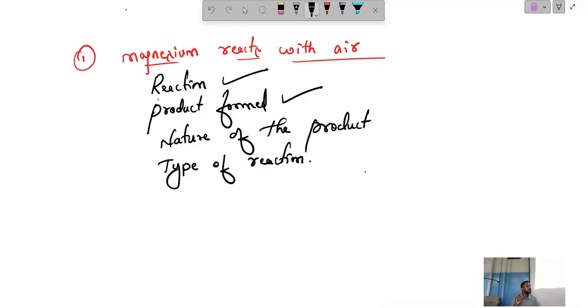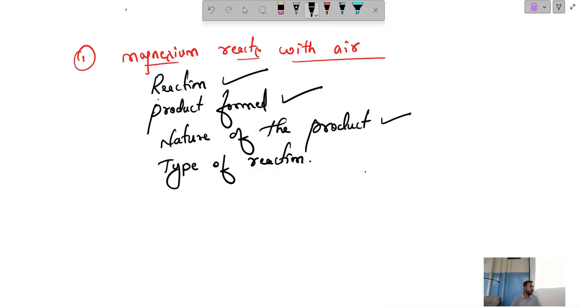Remember we have done the experiment, right? We took a magnesium ribbon, and once it burns, it converts into a powder. It gives a dazzling flame, correct? It starts shining. That is what they may ask you to write as the nature of the product.